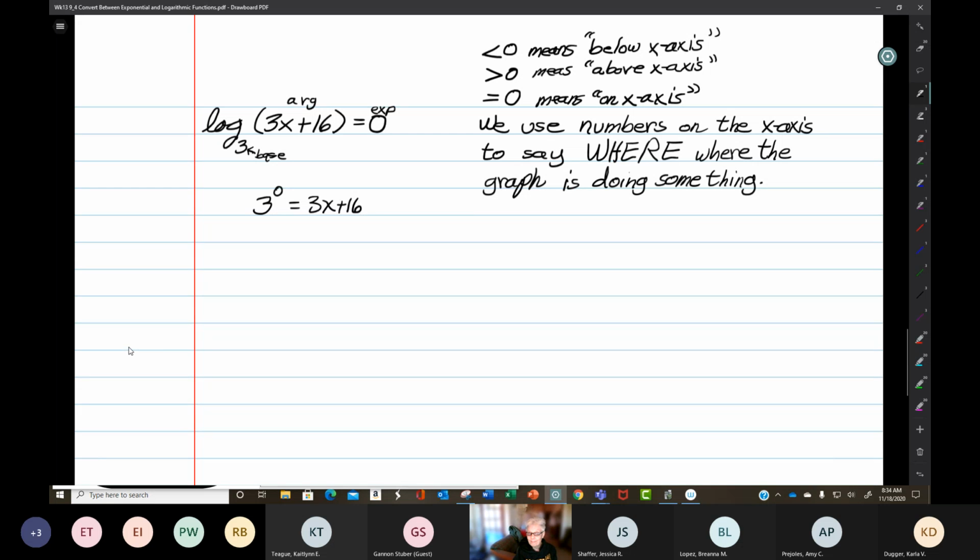How about that? Any number raised to the 0 power is 1. So this is 1 equals 3x plus 16.